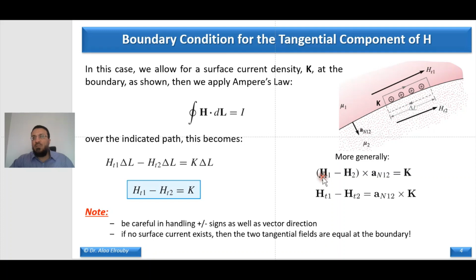So we can write it this way: H1 minus H2 cross AN12 equal K, or H tangential 1 minus H tangential 2 equal AN12 cross product K. So this is the second part of the boundary condition on the magnetic field that is related to the tangential component.